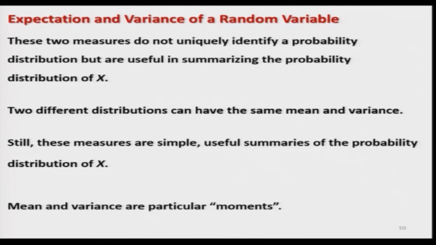But these two measures do not uniquely identify a probability distribution, though they are useful in summarizing the probability distribution of x. What I am trying to say is that if you have two sets of values of mean and variance, then by looking at the values you cannot determine which probability function gave those values, or which probability function the corresponding random variable follows, right.